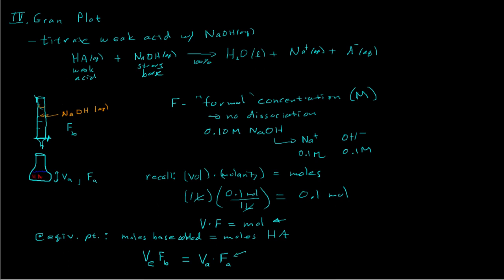Now, like I said, in an analytical chemistry application, typically we don't know what that is, but the volume of acid is something we do know because we've pipetted that over. The concentration of the base is something that's known. Why? Because it's a standard solution. So we have mixed it up or standardized it in some way so we know what that concentration is.